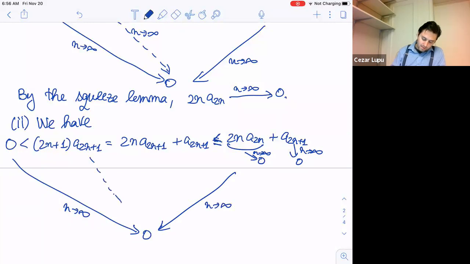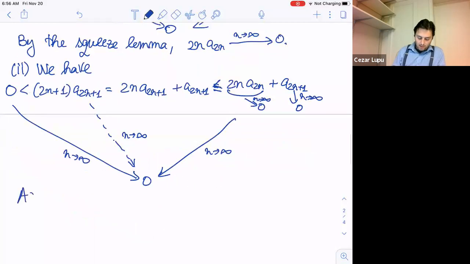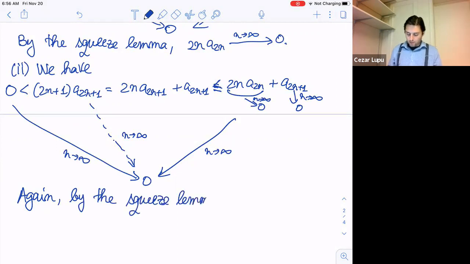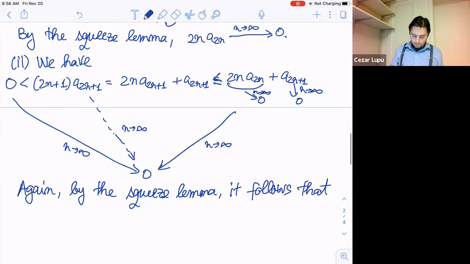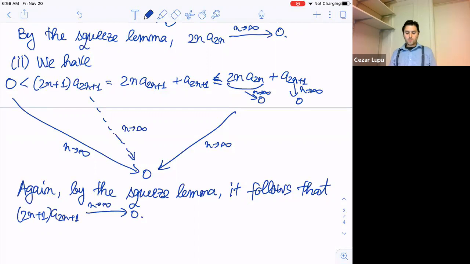And again, by the squeeze lemma, it follows that 2n plus 1 times a sub 2n plus 1 will converge to 0 as n approaches infinity. And we're done. That's a very beautiful proof.